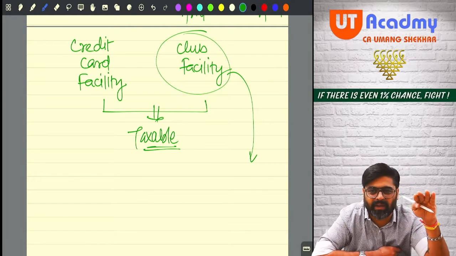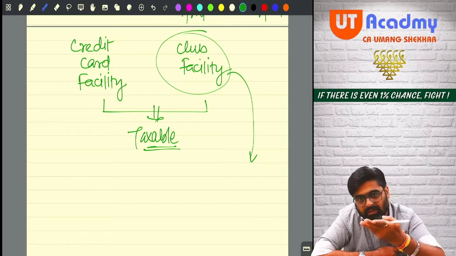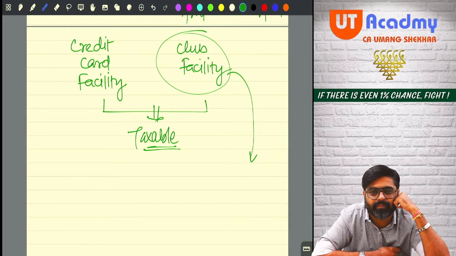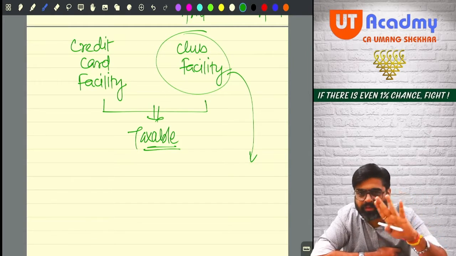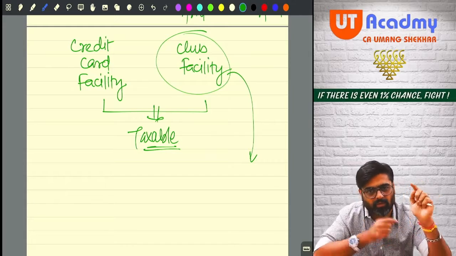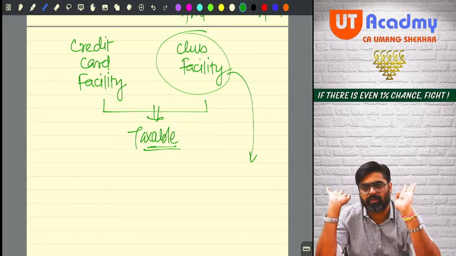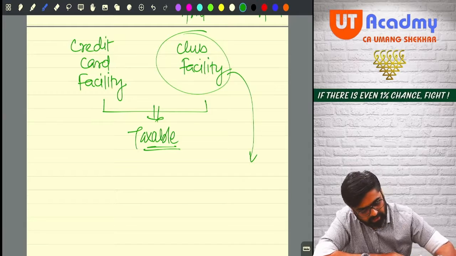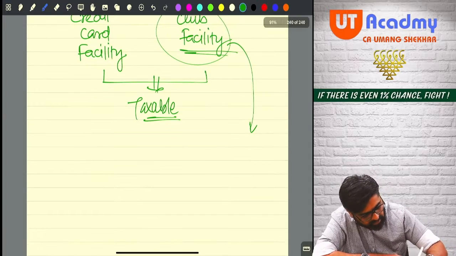You will apply your small mind, you will get big answers like this. Getting my point? This will always be given in the question. Don't worry. You have to take the value and show it as taxable. But in the club facility, there are two notes.